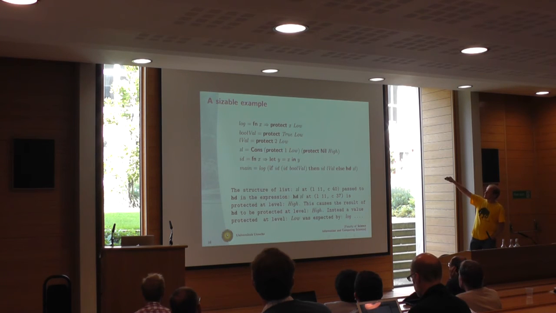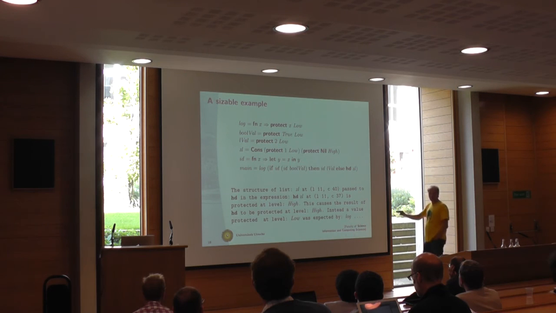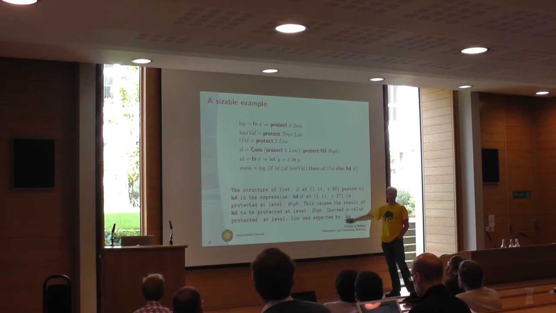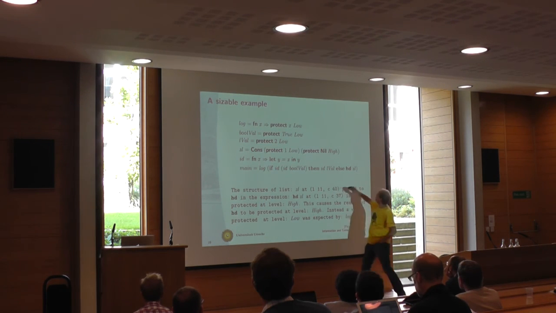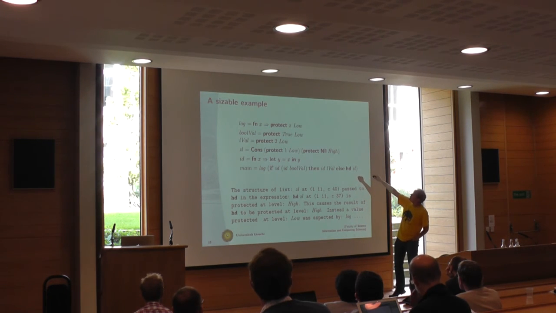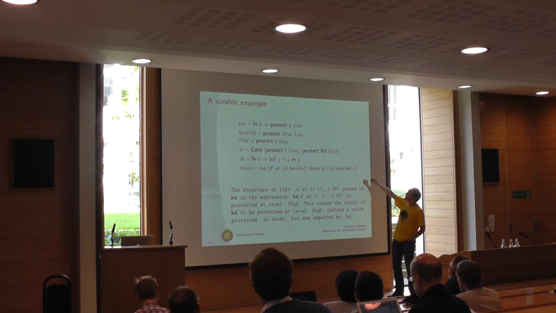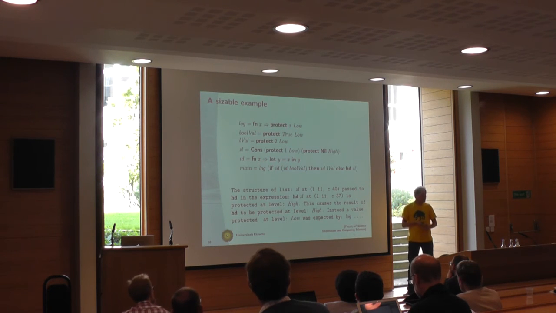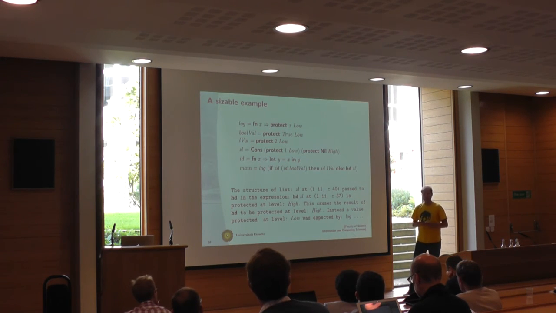So this is a more sizable example, just to show you what kind of error message you get out. There can be something improved. The point is that we can generate these error messages saying to the programmer, look, you have a head here of a list, and this list has a nil, which is a high, so the whole list, the structure of the list is high. So the head of this list gives you that high, because the head takes the element annotation and joins it with the annotation of the list structure.